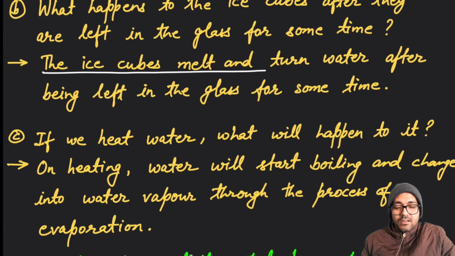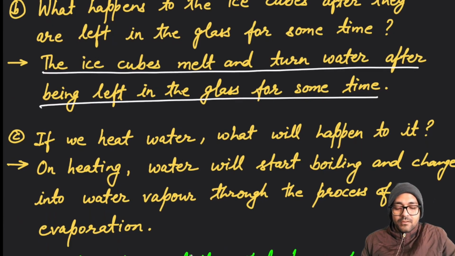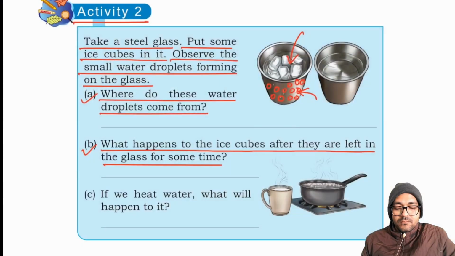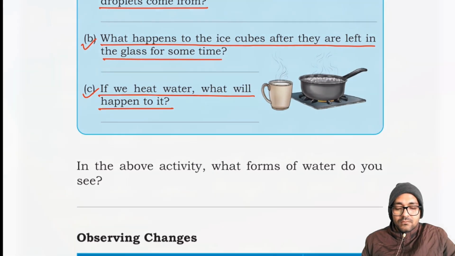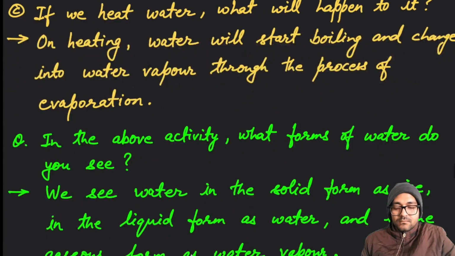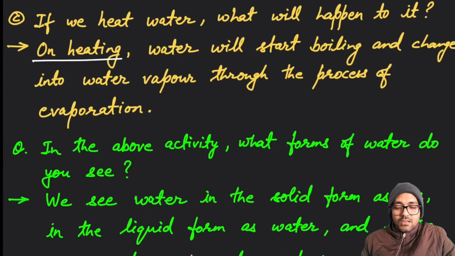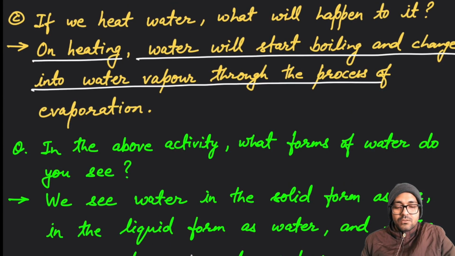The ice cubes melt and turn into water after being left in the glass for some time. C. If we heat water, what will happen to it? Answer. On heating, water will start boiling and change into water vapor through the process of evaporation.